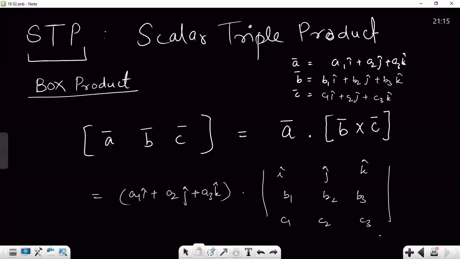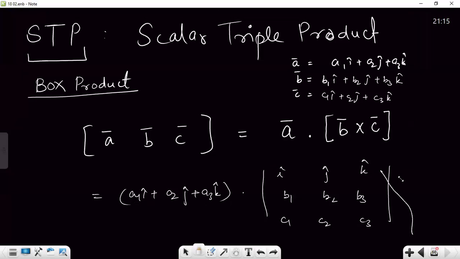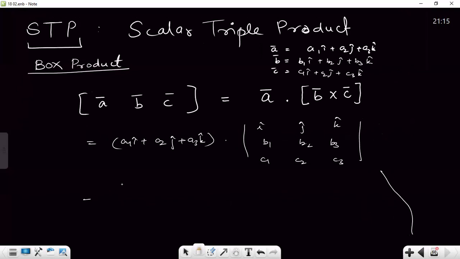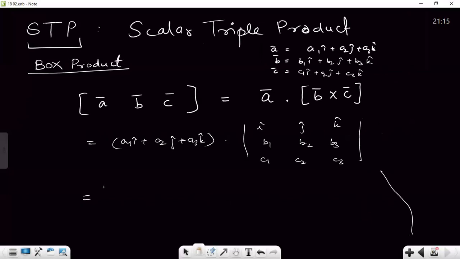We have discussed this property earlier as well. So the first row will become A1, A2, and A3.